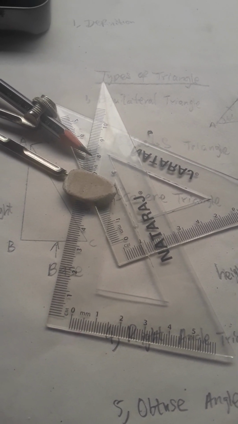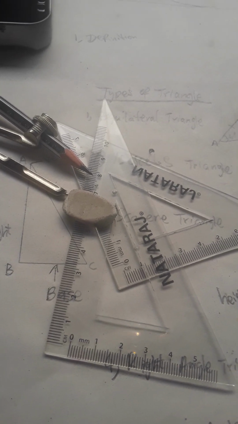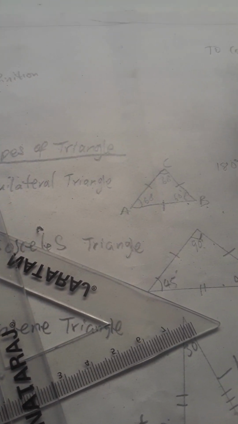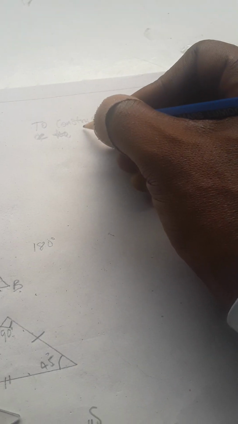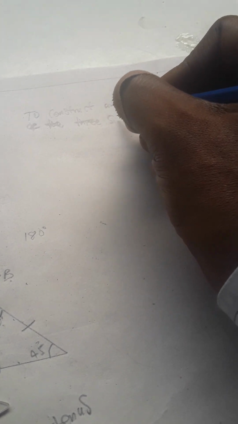Let us start with how to construct any triangle given the length of the 3 sides. To construct any triangle given the length of the 3 sides.